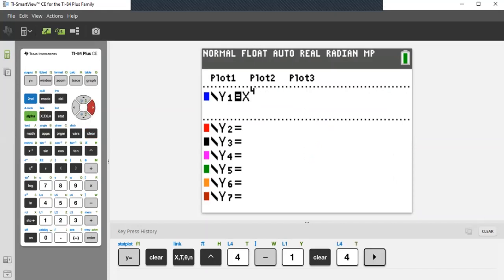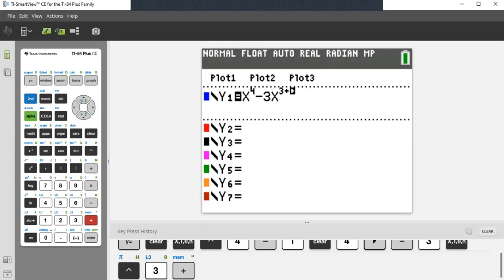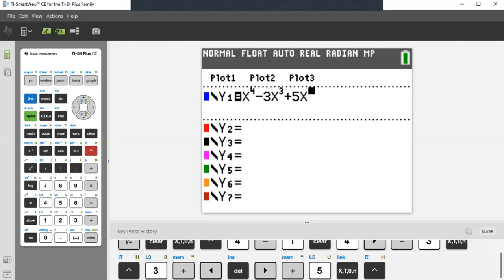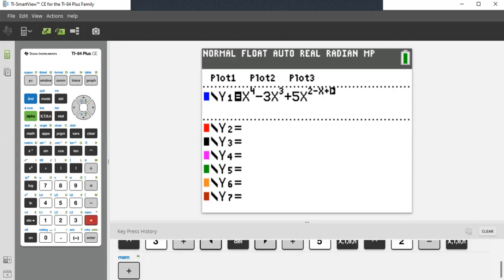And let's say minus 3x to the 3rd, just to put some other terms in here. I need to get out of the exponent, and we need to do a plus 5x squared minus x and plus 1 or something. Okay, let's get out of the exponent first.